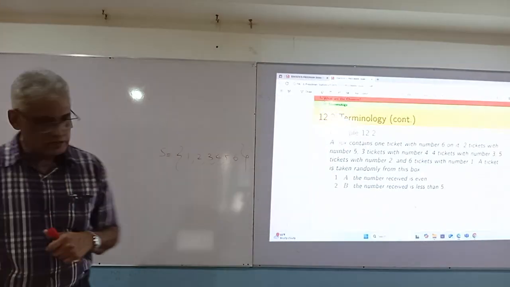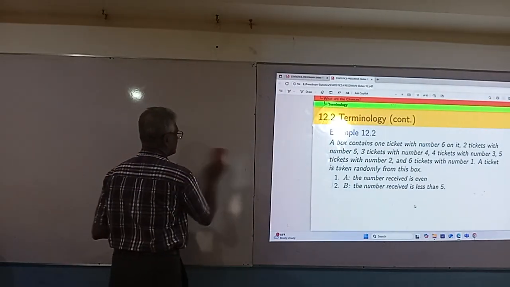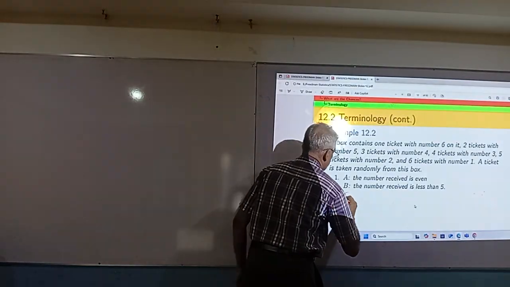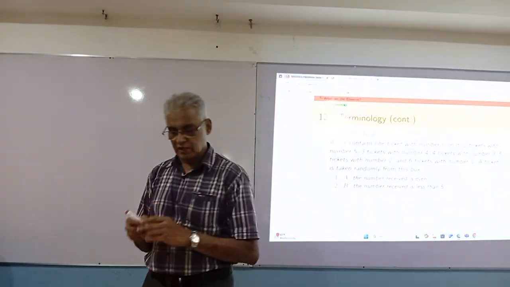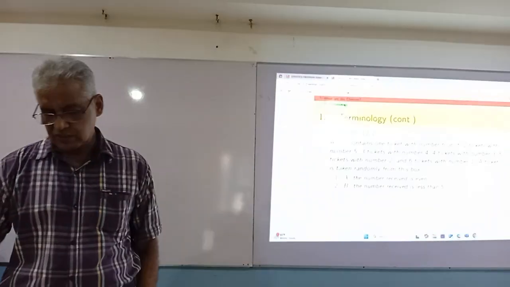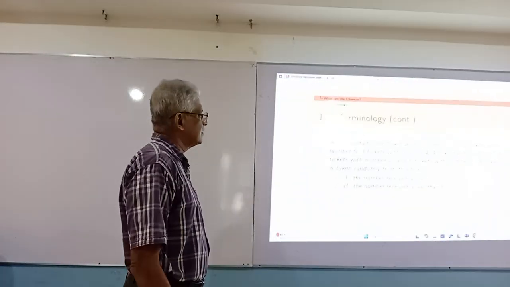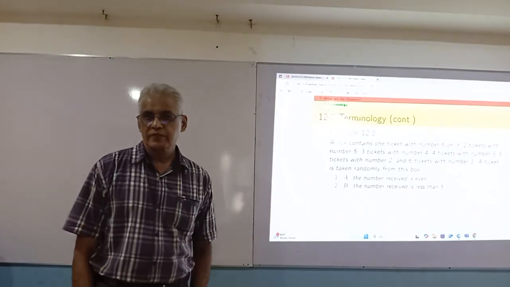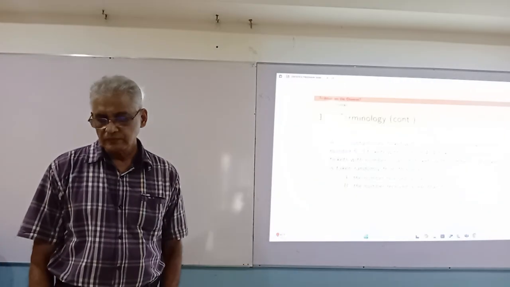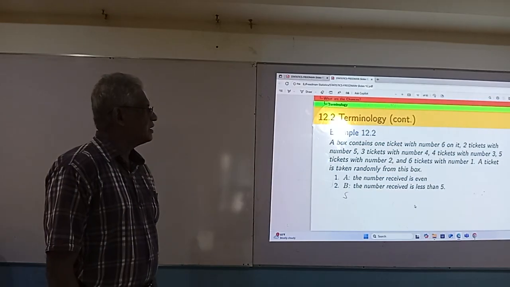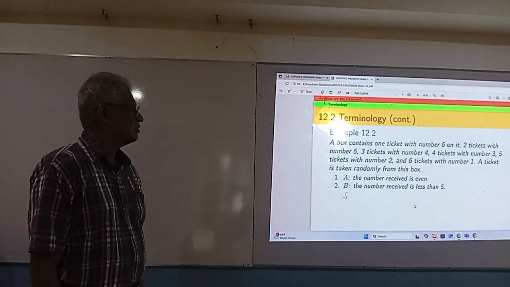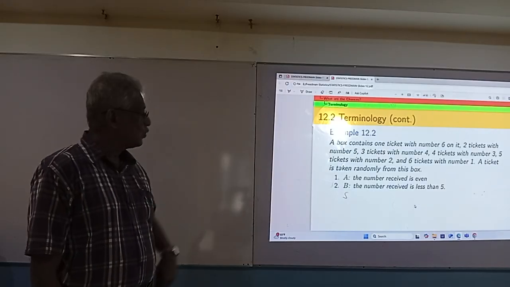So can you read this question and write down the two events mentioned here? In addition, you can write down the sample space also. So write down the sample space and the two events. A box contains one ticket with number 6, two tickets with number 5, three tickets with number 4, and so on.